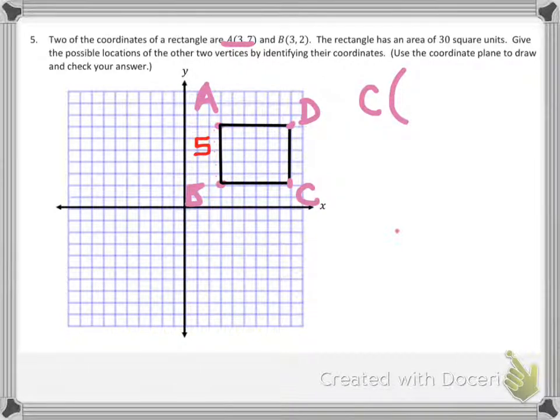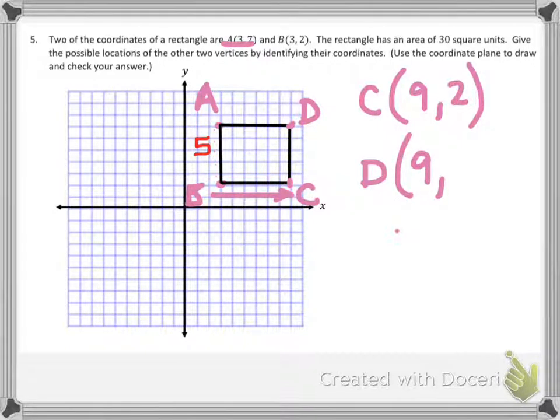Well, that's 9 to the right, so 9 this way. So that's a positive 9. And 2 up, so the ordered pair 9, comma 2. And point D is also 9 to the right, but point D is 7 up. So point D is 9, comma 7.